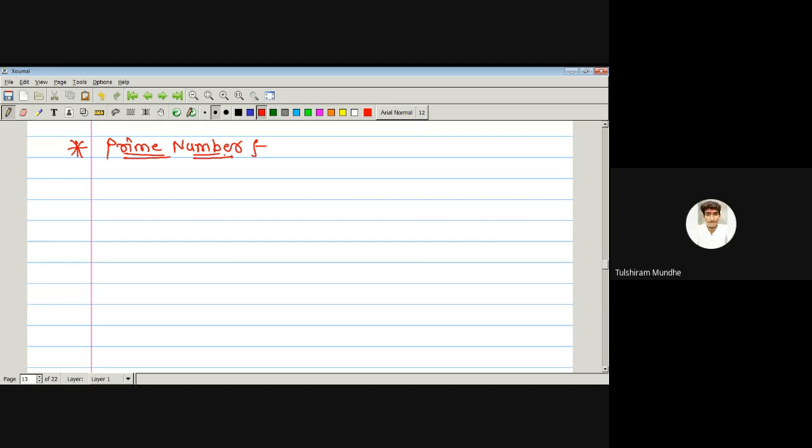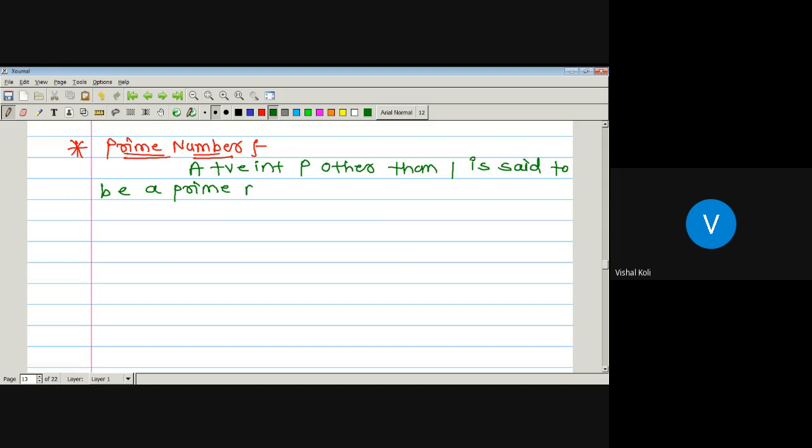Only two divisors. That is, it has only two positive divisors. Okay, so a positive integer p other than 1 is said to be a prime number if its only positive divisors are 1 and p only.